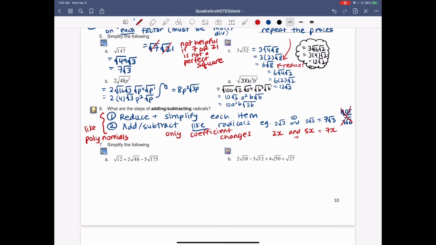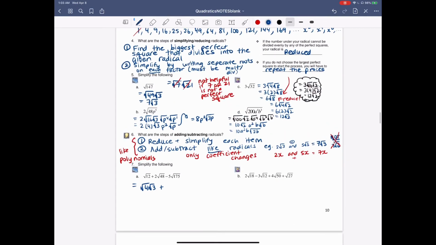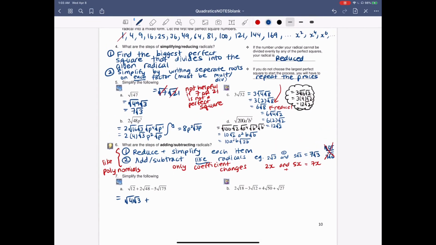Okay, moving down. So we need to simplify each part, so each term. The square root of 12 breaks into square root 4, square root 3. What about 2 square root 48? So go to your perfect square list. It is divisible by 4 and 16. But between the two, 16 is bigger.